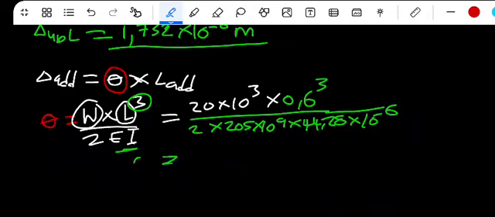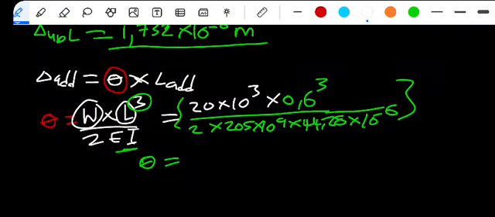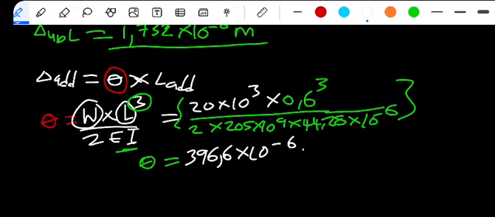What will be our slope due to the point load? Punching this, we should obtain 396.6 times 10 to the power of minus 6. One thing I forgot: your answer that you punch is measured in radians, not degrees.